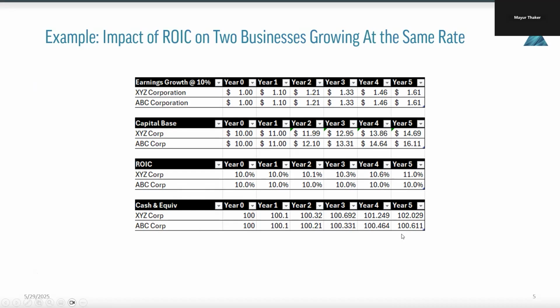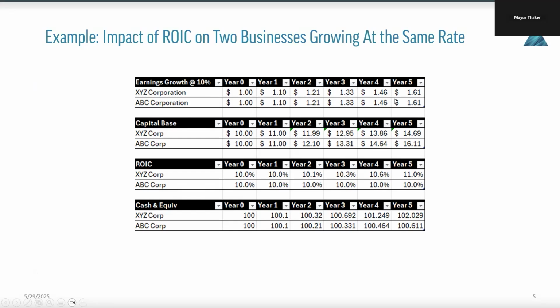So over time, the fact that XYZ has a more attractive ROIC is basically telling you that XYZ is going to have more cash on the balance sheet because it generated more free cash flow over time, despite the fact that both companies had exactly the same starting point of $1 of earnings, and despite the fact that both companies grew at 10%.